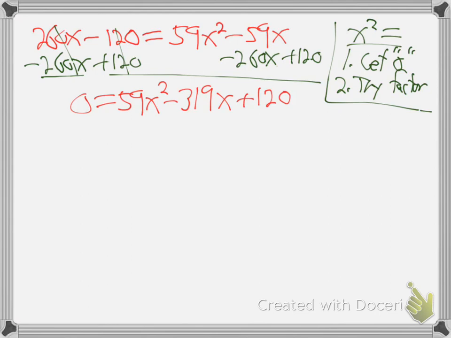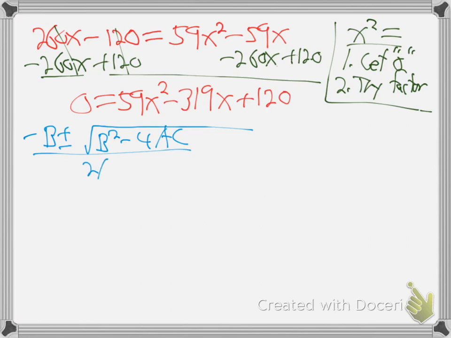All right, so I guess we go to the quadratic formula now. Okay, quadratic formula, because I don't want to try to factor that, not with a 59 in the front. So negative b plus or minus the square root of b squared minus 4ac all over 2a.